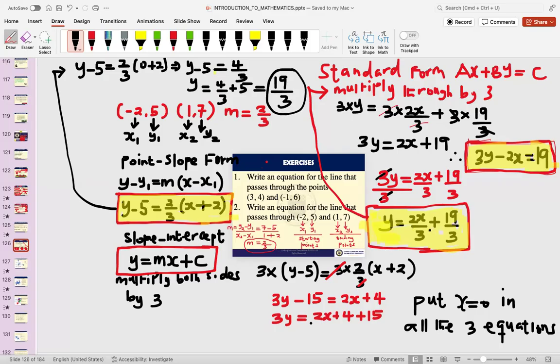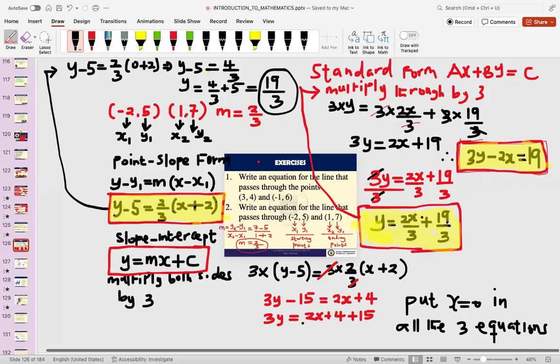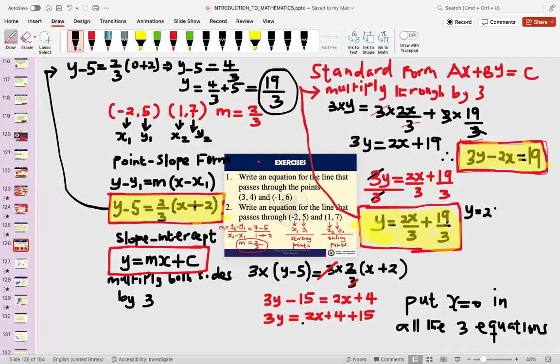Let's do the same thing here. Wherever we see x, let's put 0 here. So we have y is equal to 2 times 0 over 3 plus 19 over 3.